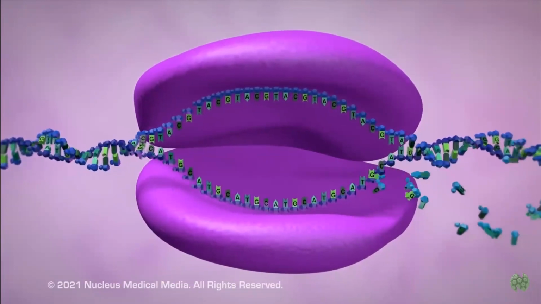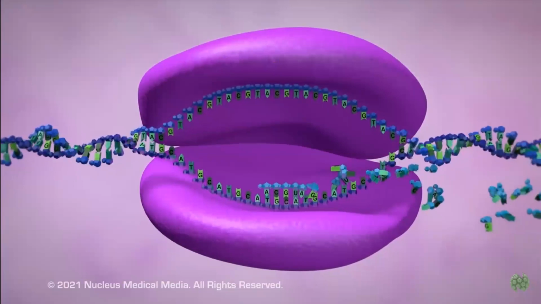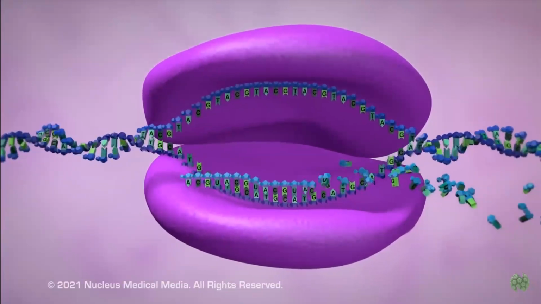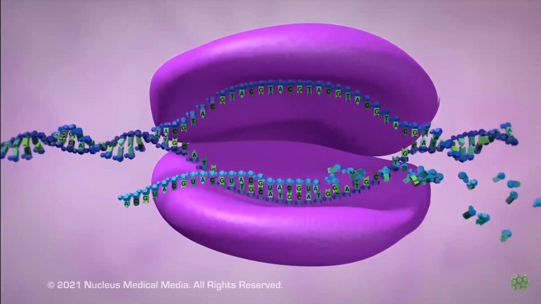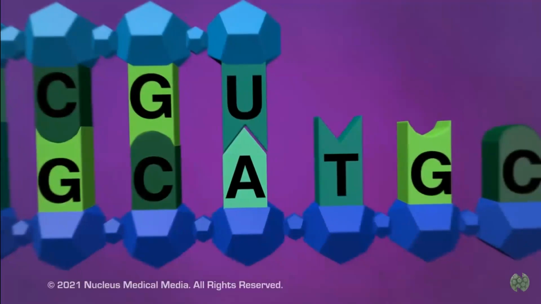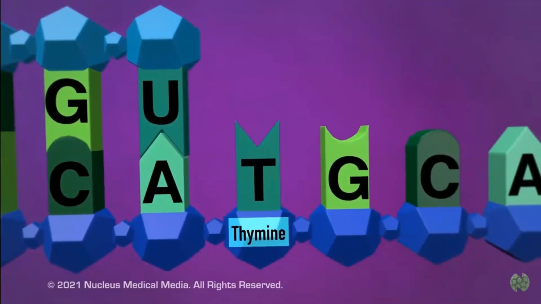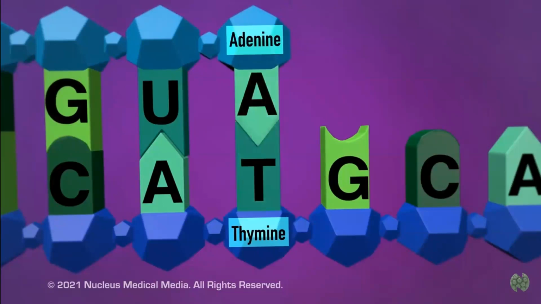Well, using the template strand as a guide, RNA polymerase uses the base pair rule to assemble free nucleotides in the nucleus into a complementary strand of RNA. For example, RNA polymerase reads the DNA base thymine on the template strand, then binds it to a free nucleotide containing adenine.